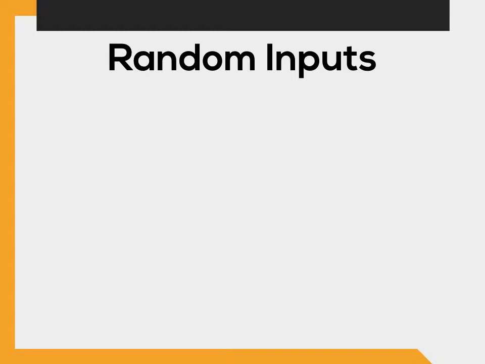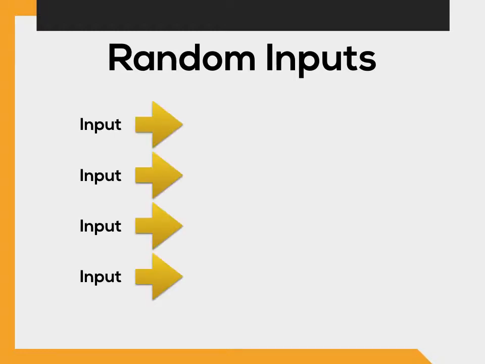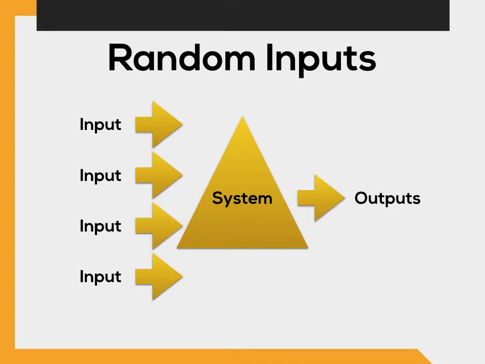But this week we're going to be looking at inputs, and instead of a single input, you know now that there can be multiple inputs going into a system in order for it to function correctly. So those random inputs go into the system where they change, and we end up with an output, or of course several outputs coming from the system from which we make decisions about the system.